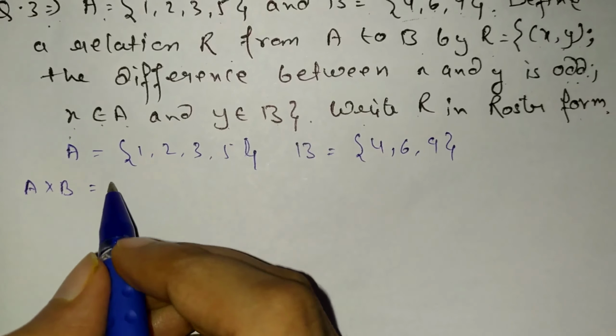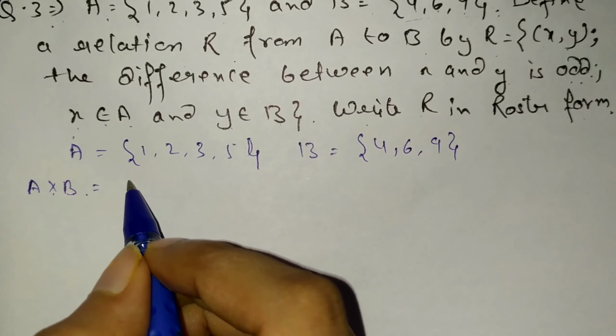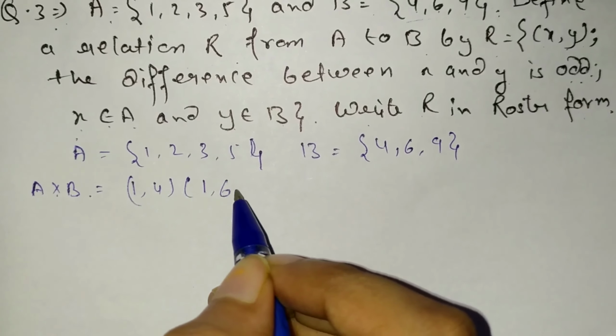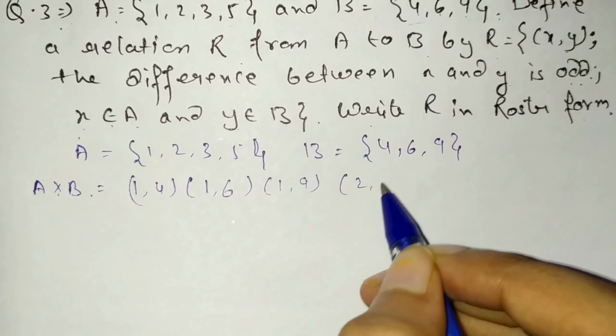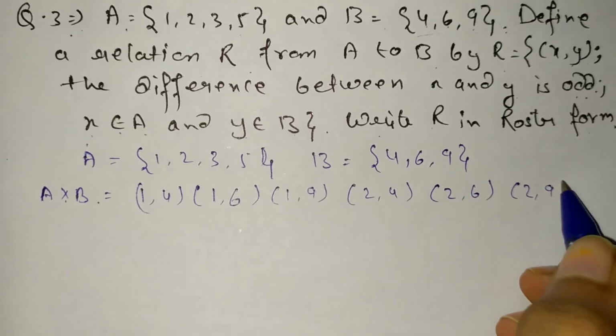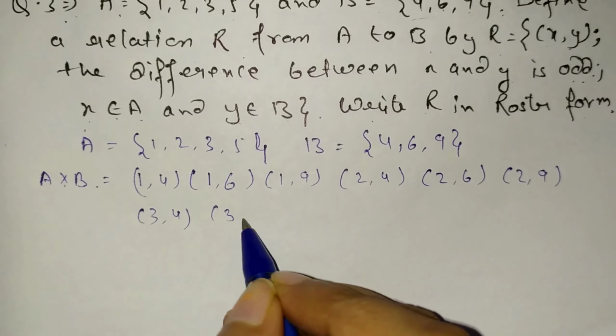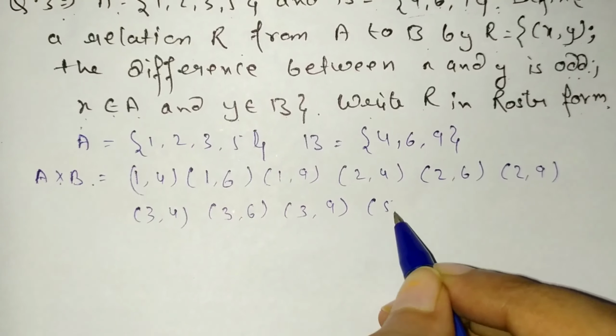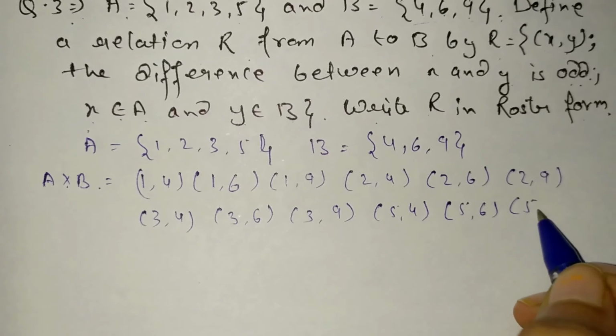So A into B will be 1, 4, 1, 6, 1, 9, 2, 4, 2, 6, 2, 9. Similarly 3, 4, 3, 6, 3, 9, 5, 4, 5, 6, 5, 9.